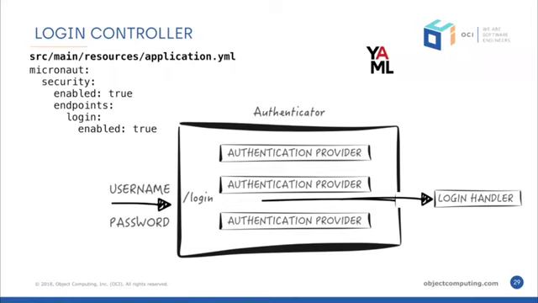Basically, there is a login handler which has two methods, if I recall correctly: one for successful login and one for failed login. So you can do many things like redirects, responding with something, or doing any logic that you need to do when a user logs in.